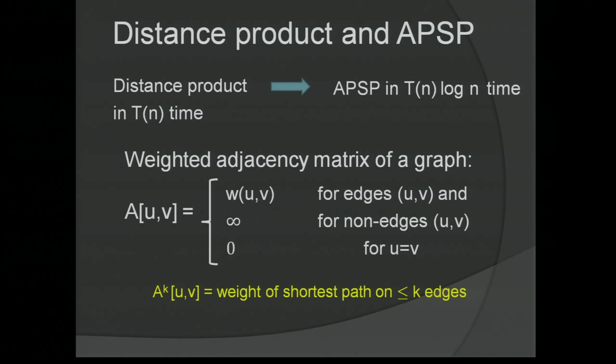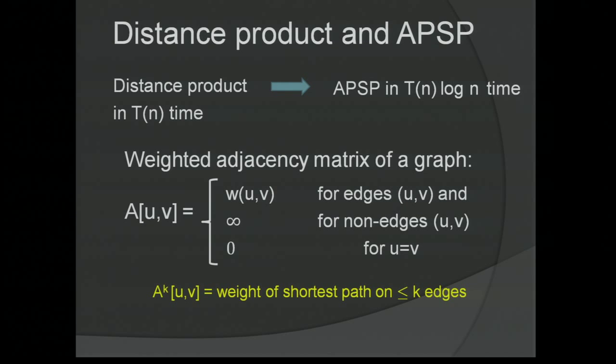Okay, and you notice that if we compute the kth power of this matrix under the distance product, you will get the weight of the shortest path that has at most k edges. So when you multiply it once, you'll get two edges, just like on the previous slide, and so on. And you can compute A to the k with successive squaring with log k products.